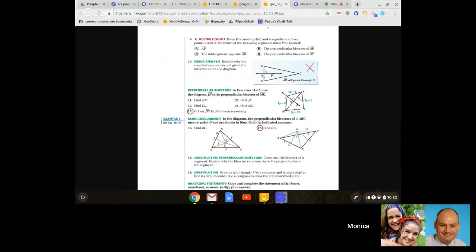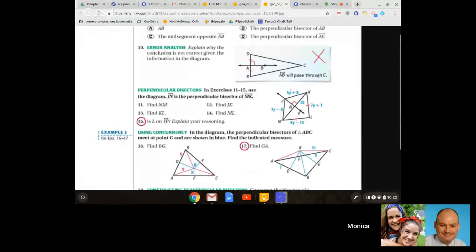So if we go over here and we look at the problem in the book, then we look at this picture. It's turned a little bit, but it's still the same picture. Ignore this stuff up here right now because we're only dealing with MN, right? So for MN, we see it's perpendicular. This bisector here, it's perpendicular, right?